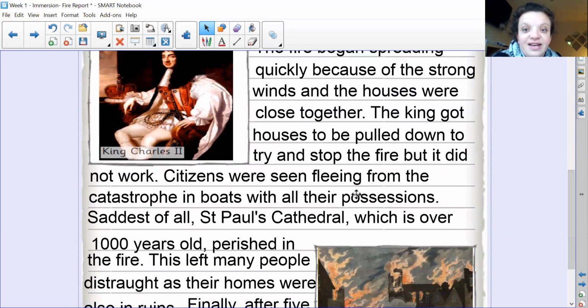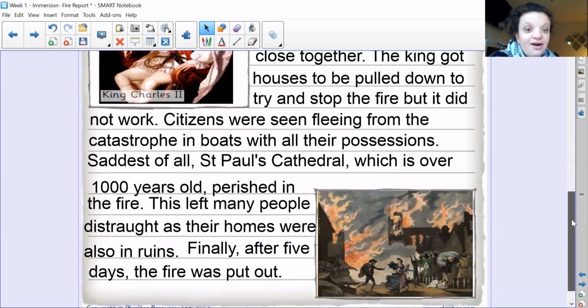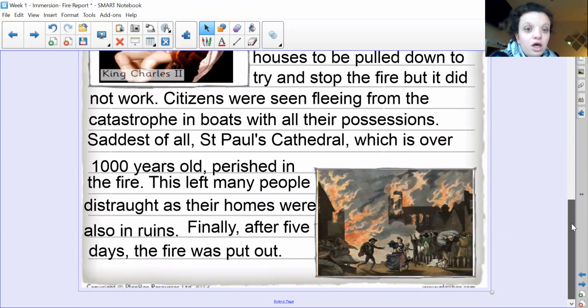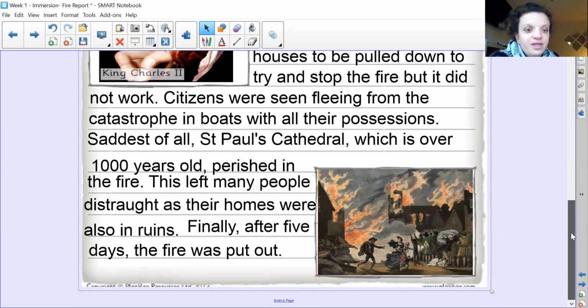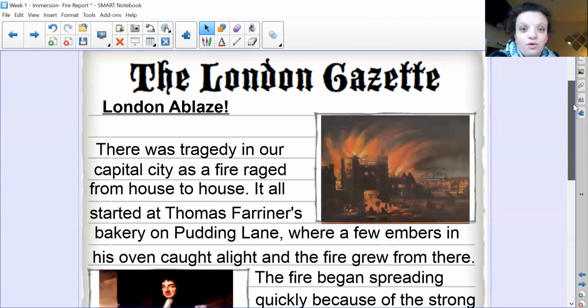Citizens were seen fleeing from the catastrophe in boats with all of their possessions. Saddest of all, St. Paul's Cathedral, which is over 1,000 years old, perished in the fire. This left many people distraught as their homes were also in ruins. Finally, after 5 days, the fire was put out.